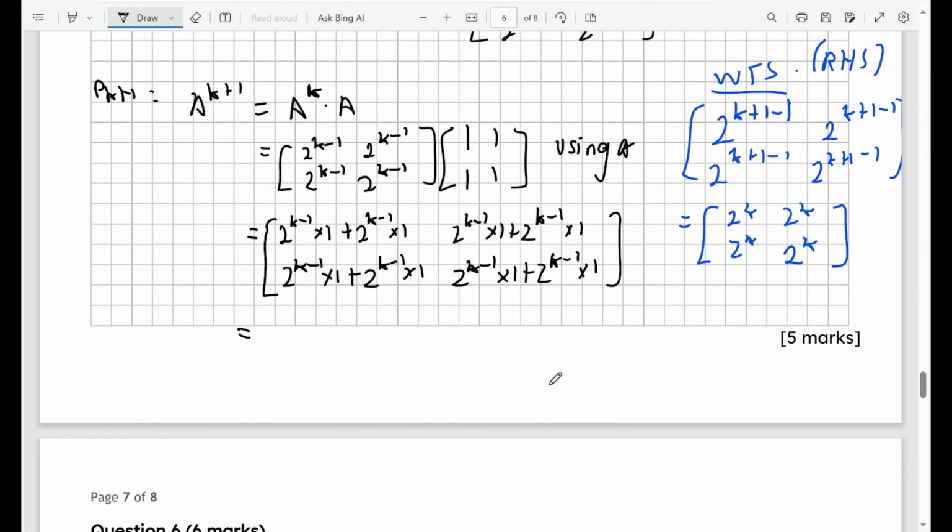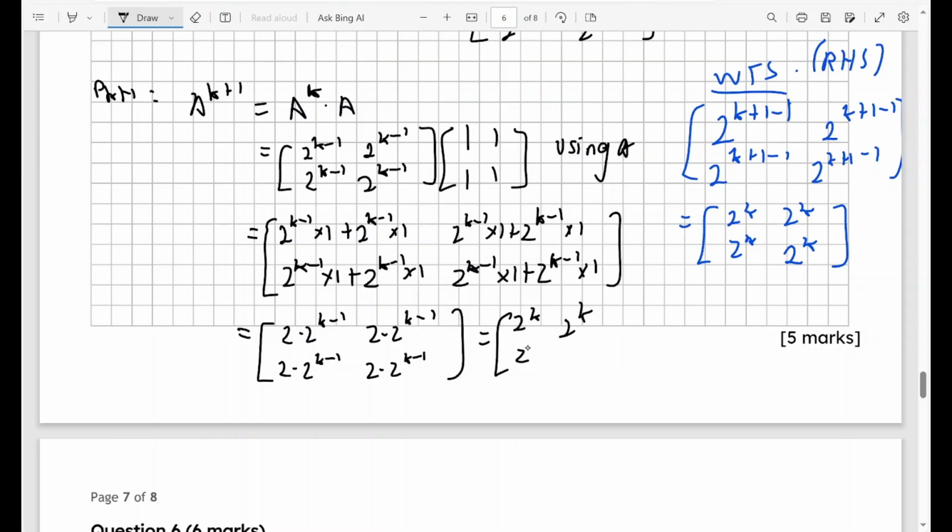So this is going to give us 2 lots of 2 to the k take 1 in each spot, which is 2 to the k, 2 to the k, 2 to the k, 2 to the k. Done. Therefore, P of k plus 1 is true.